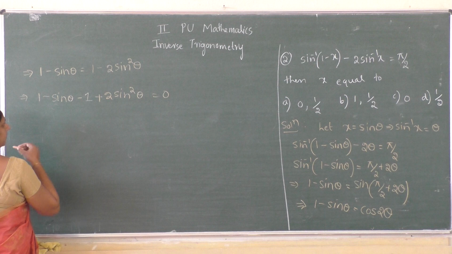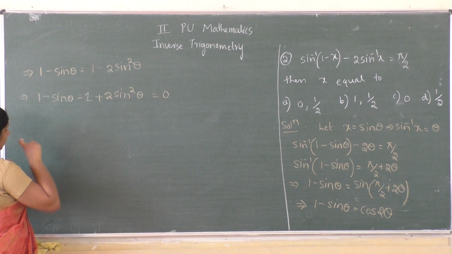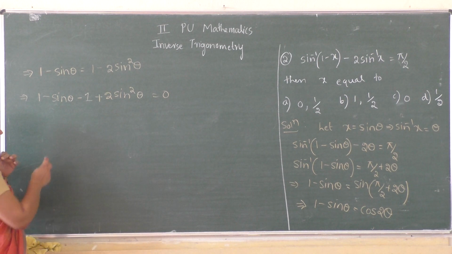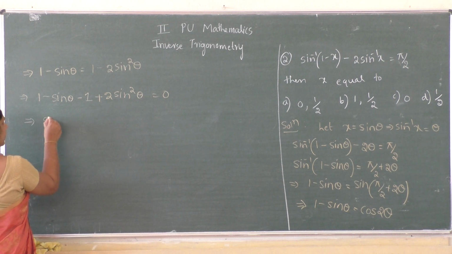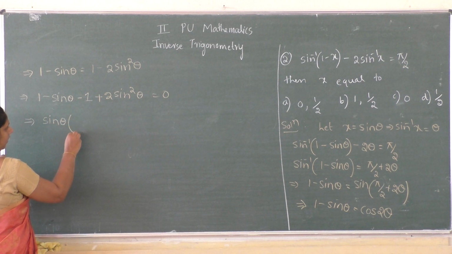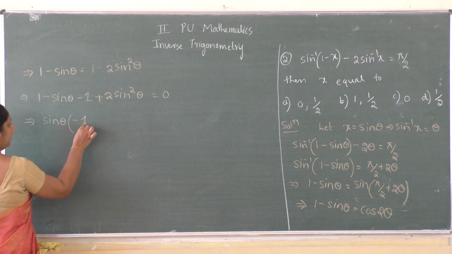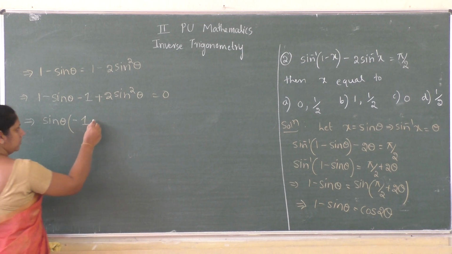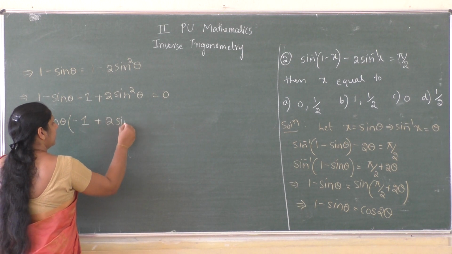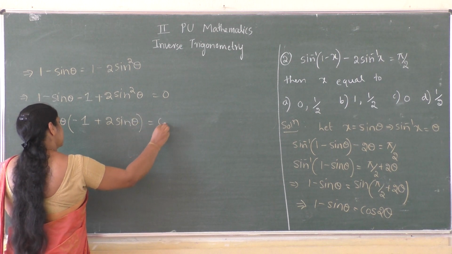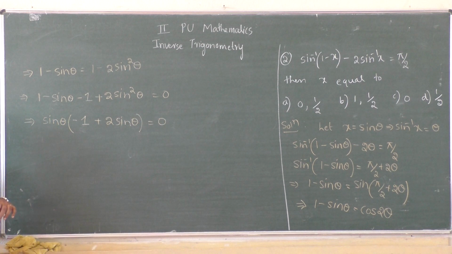Here 1 minus 1, what is the remaining term? Minus sine theta plus 2 sine square theta. Here I can take sine theta common. Here we will get minus 1 plus 2 sine theta is equal to 0. So we get sine theta into minus 1 plus 2 sine theta equal to 0.